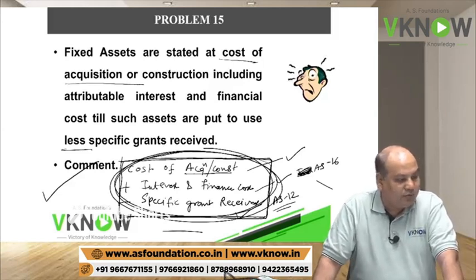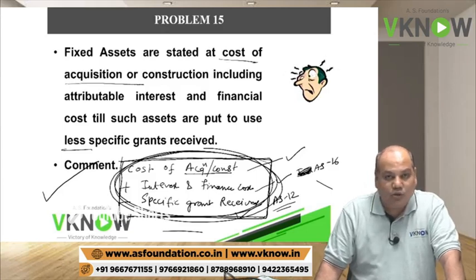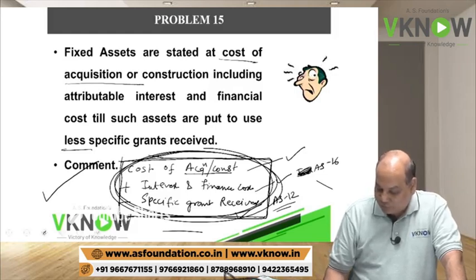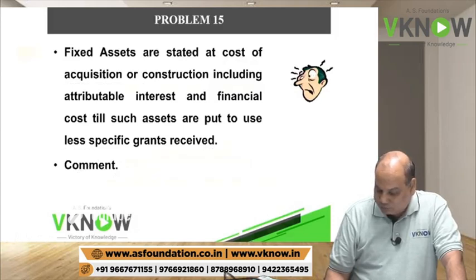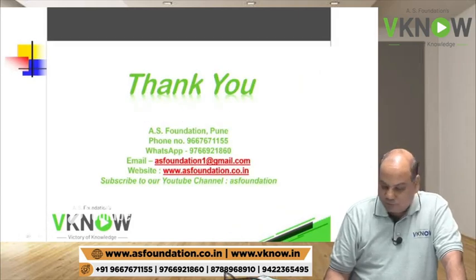If you read AS 10, AS 16, AS 12, this is what they have recommended. So therefore, the company has to follow the same practice. So in this question, the answer is what the company has done is right. Read the answer from your book.